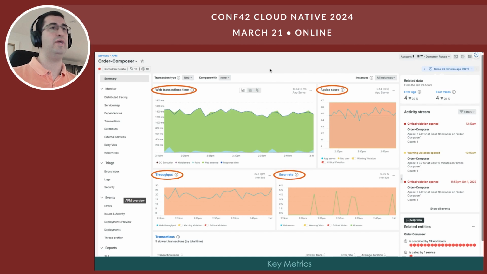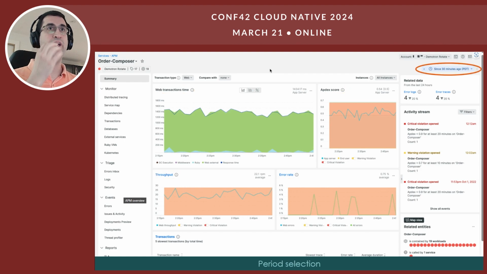First, we have different widgets looking at different things. I already mentioned error rate, throughput, transactions time, APDEX score, and we have many other things that could be observed. And we also usually have period selection here, 30 minutes, but sometimes you want to see if something is stable based on a different seasonality.